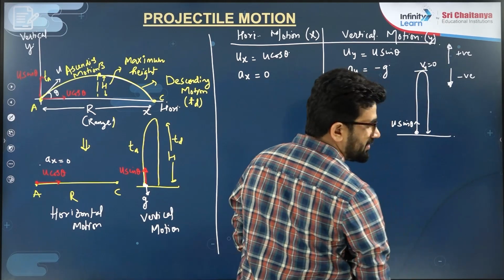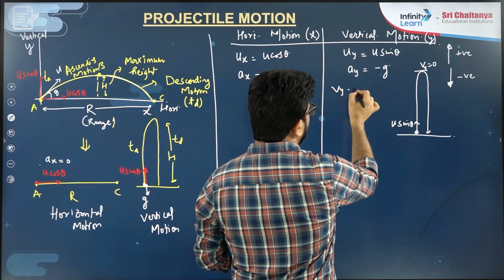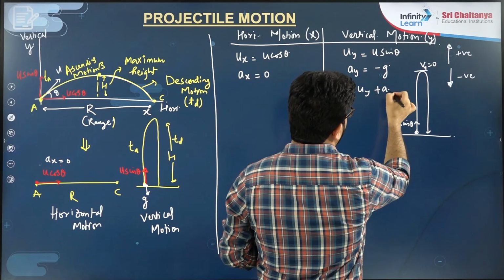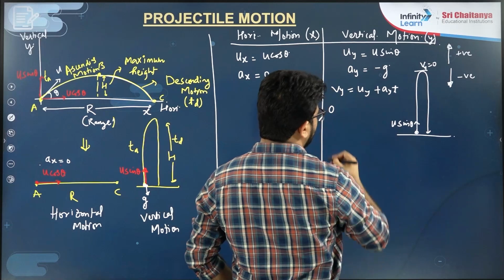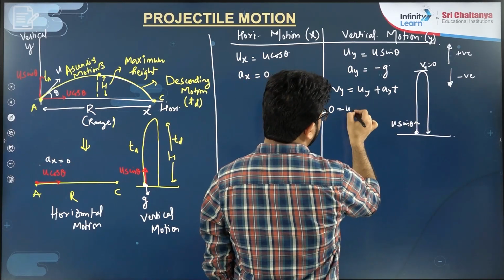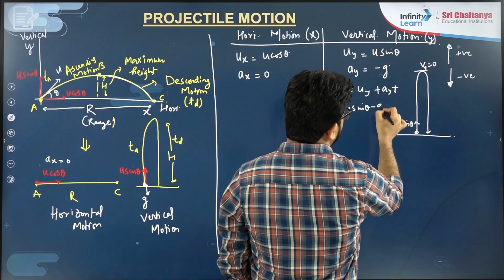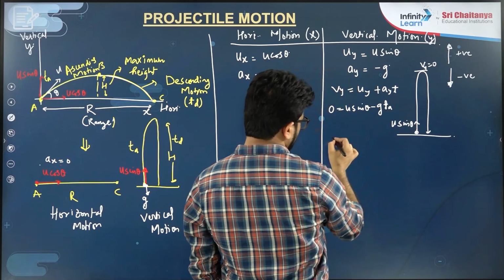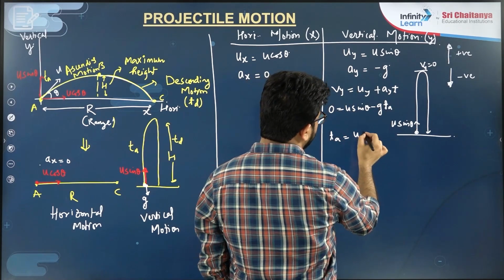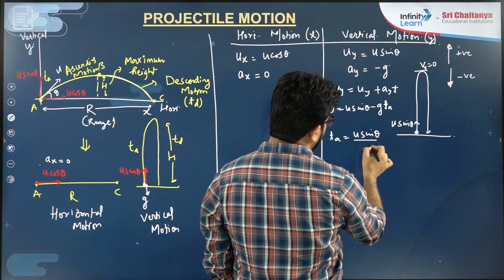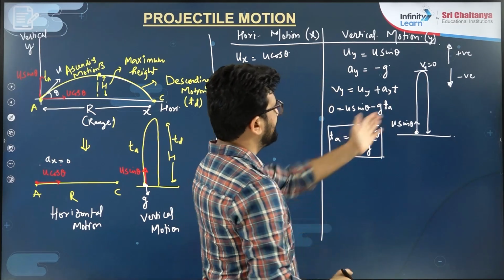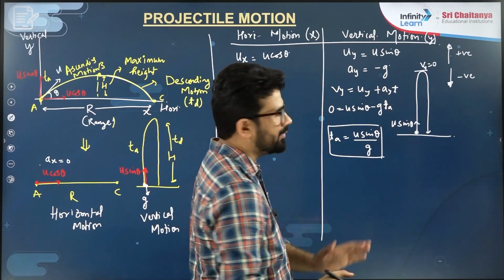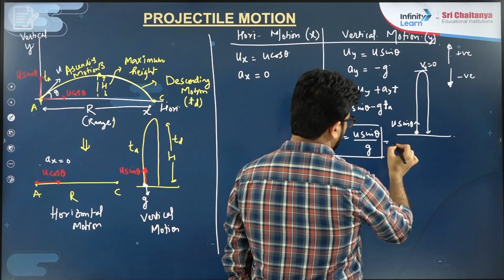Acceleration you already know, and at the topmost point velocity is equal to 0. So we can apply the first equation, vy is equal to uy plus ay into t. Final velocity at the topmost point is 0. Initial velocity is u sin theta minus g into time of ascent. So from here, time of ascent is equal to u sin theta by g. Directly we can say, and we know from motion under gravity, that time of ascent and time of descent are equal if there is no air friction.